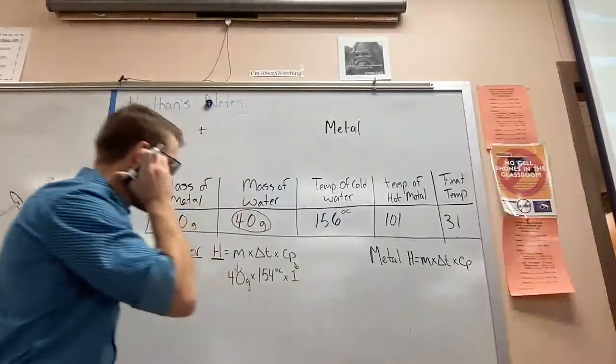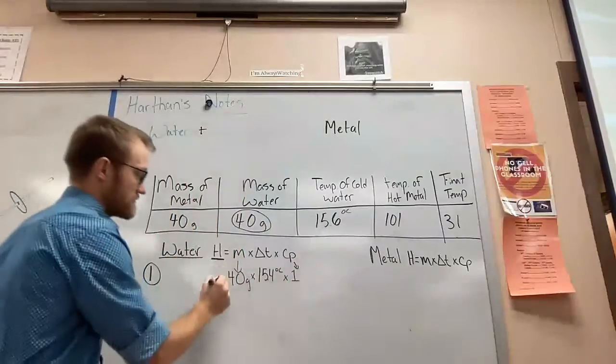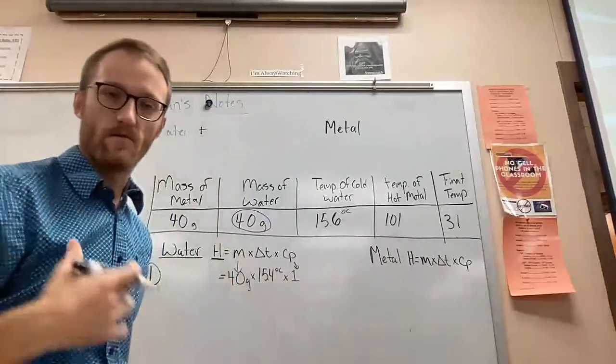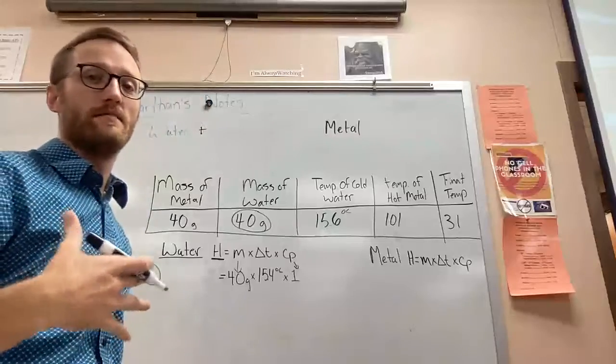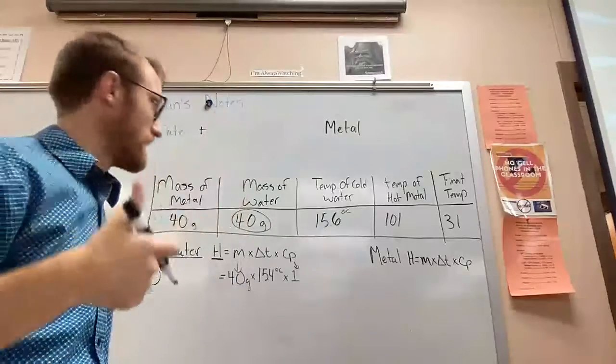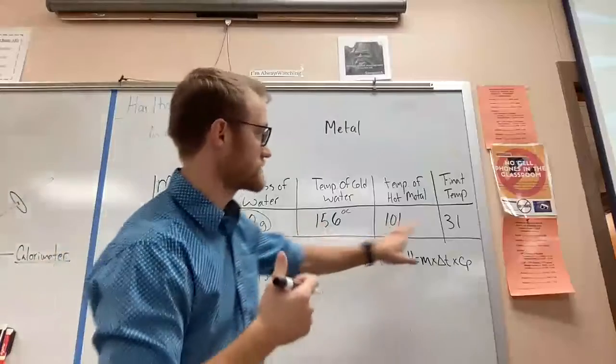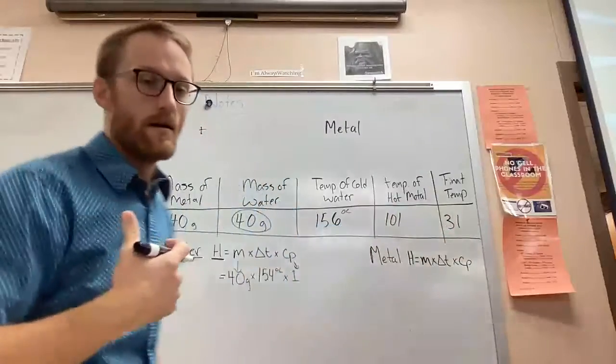Okay. Now, this will allow us to find how much energy was added to the water, because we know if we add energy to something, the temperature goes up. That's why we saw our temperature rise from 15.6 to 31. Okay.